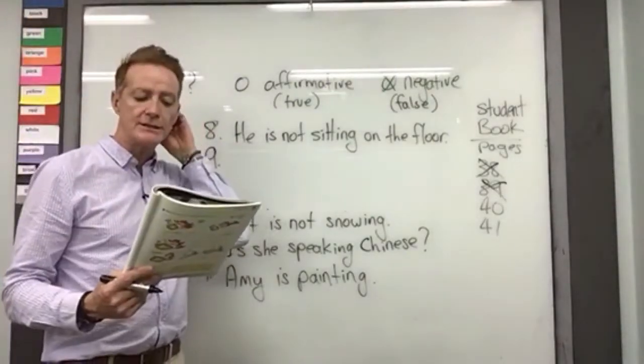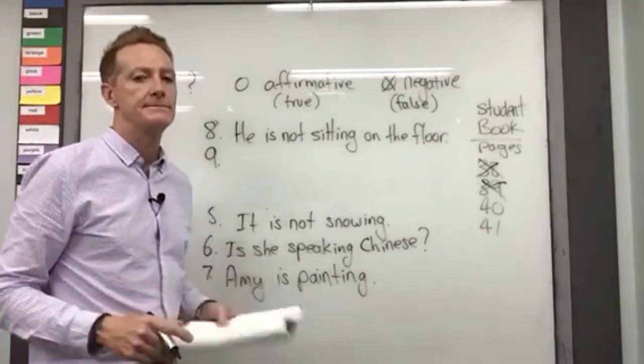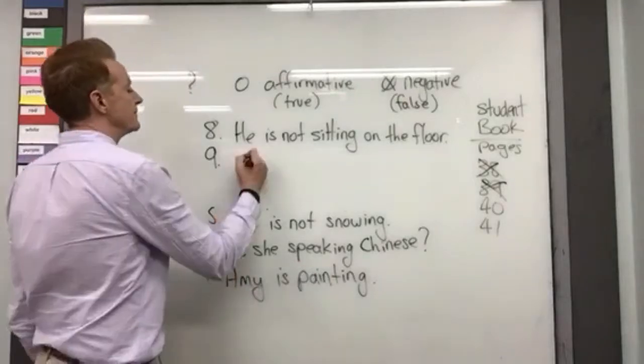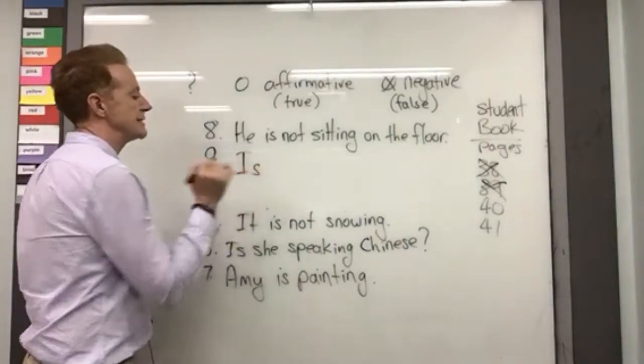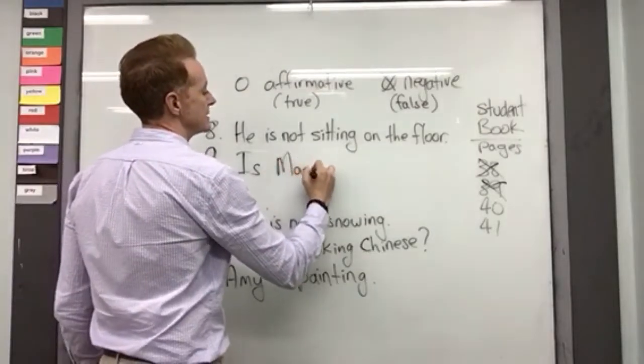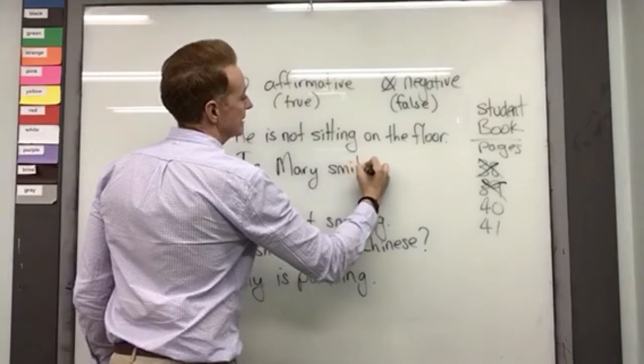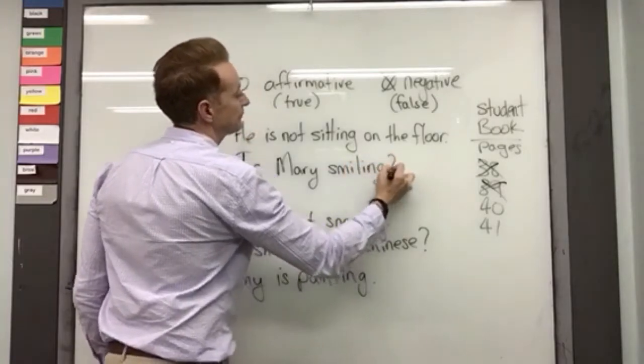All right, number 9, this is a question. The words we have are Mary and smile. So how do you make a question? Mary is one person, so we start with is, capital for Mary because it is a girl's name. Is Mary smiling?